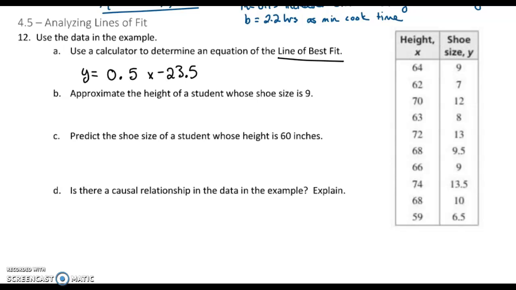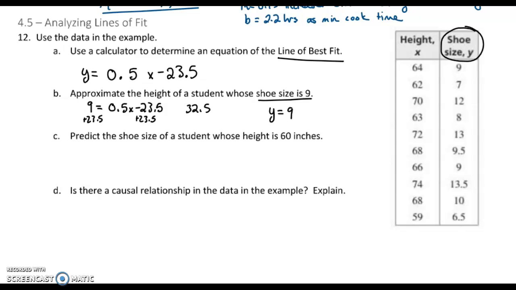All right, so it says approximate the height of the student whose shoe size is 9. Shoe size, if you look over here on the table, is Y. So that means you know Y is 9. So you're going to put 9 in for the Y, and you're going to use the equation to solve and find the height. So first we're going to add the 23.5. I ran out of room, so I'm going to come over here.